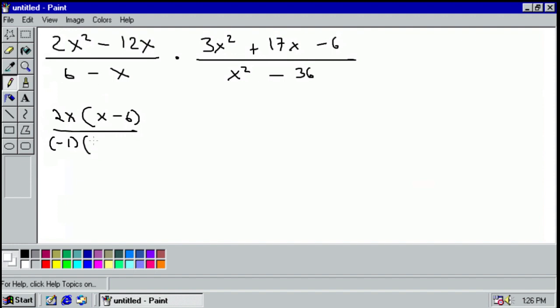So the x will become positive, and the 6 will become negative since we have a negative 1 here. And so that we can cancel both of them later. Now here, this is just the same as earlier. Oh, I deleted it. So let's copy it right here.